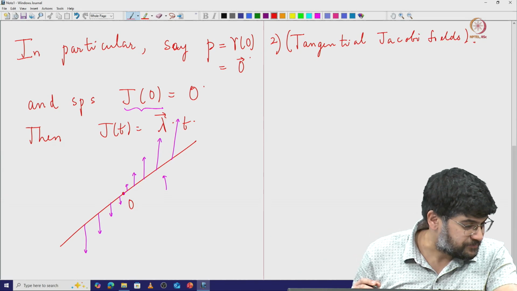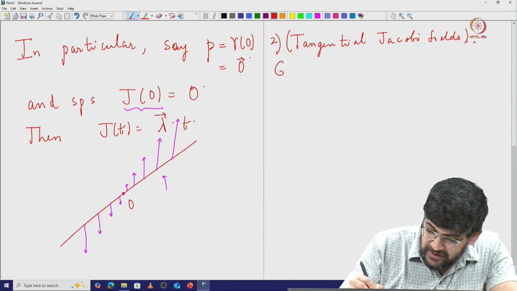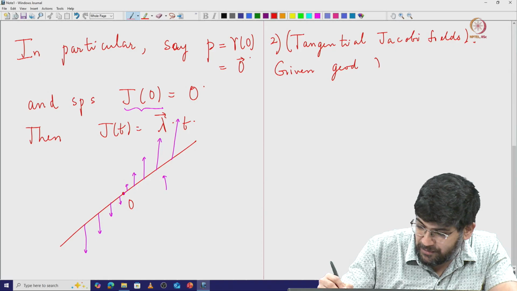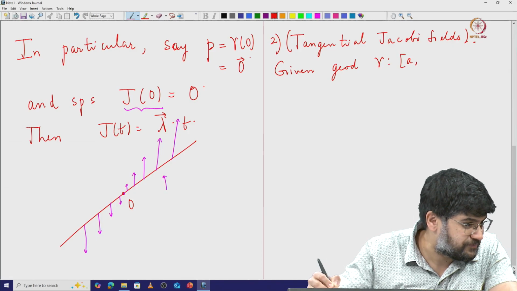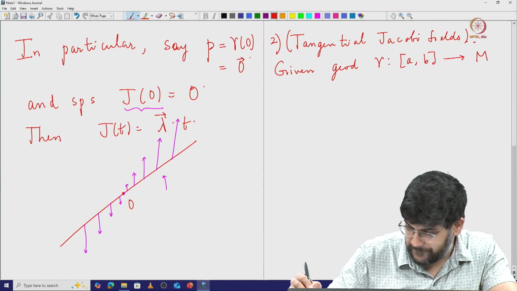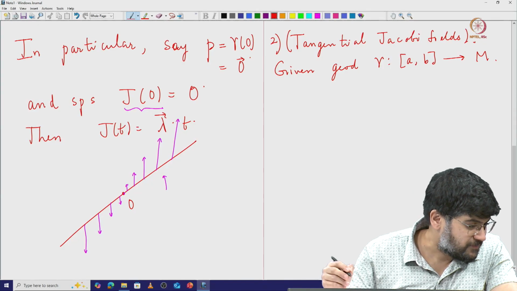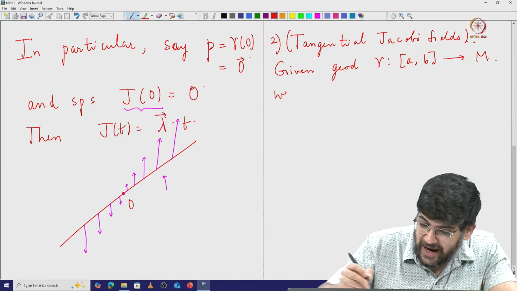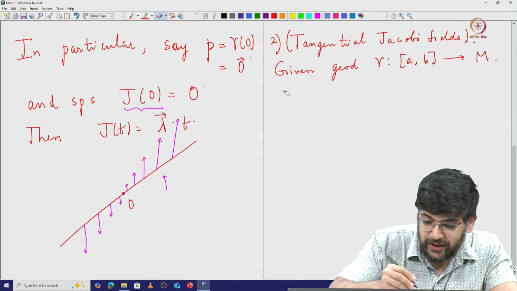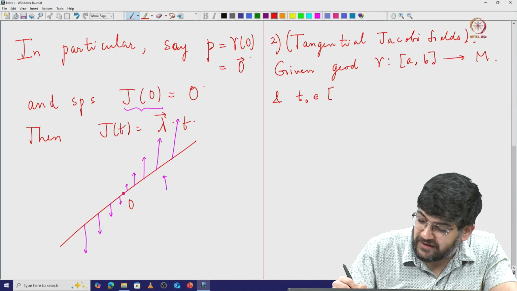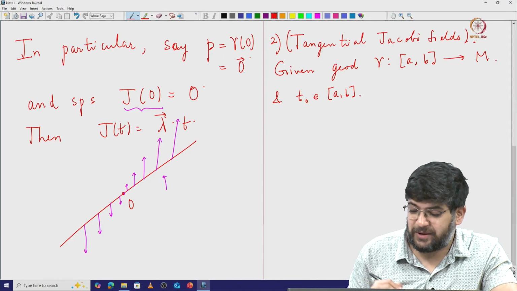Again let us say I am given a geodesic gamma, and let us say I have a point t naught, which could be any point.